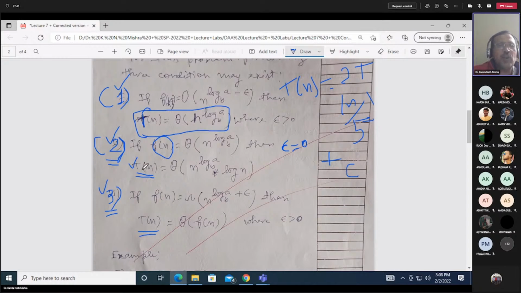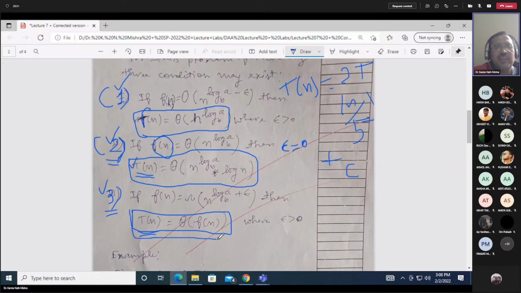In the second case, the order of recurrence T(n) is theta of n power log a base b into log n. And in the third case, the order of recurrence T(n) is theta of f(n). Just these three cases you remember.